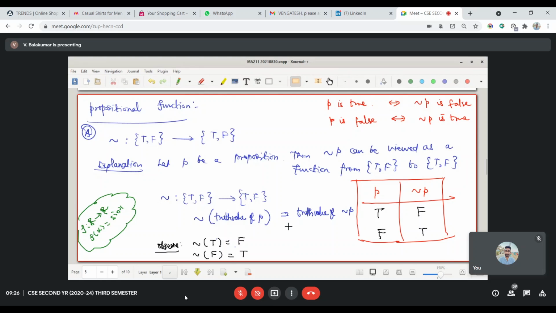Are you following this? Can someone ask me some questions on this? Instead of small f, I am using this tilde symbol, a new symbol. That gives me a function. That is actually a proposition. Tilde p is a proposition.